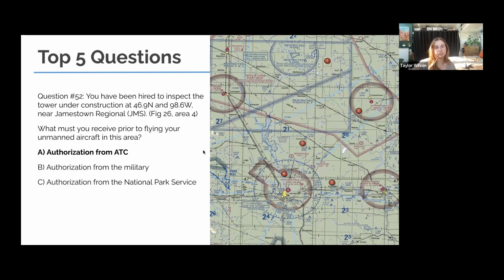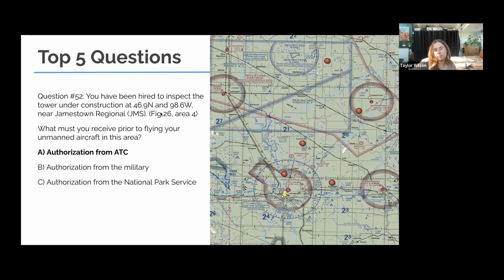Now, I do want to point out, it's written differently on these two slides, the coordinates. So if you see here up at the top, you might get coordinates written like this. Now this is 46.9 degrees north. There's not much we can do with that information. We actually have to convert the 9 to minutes.